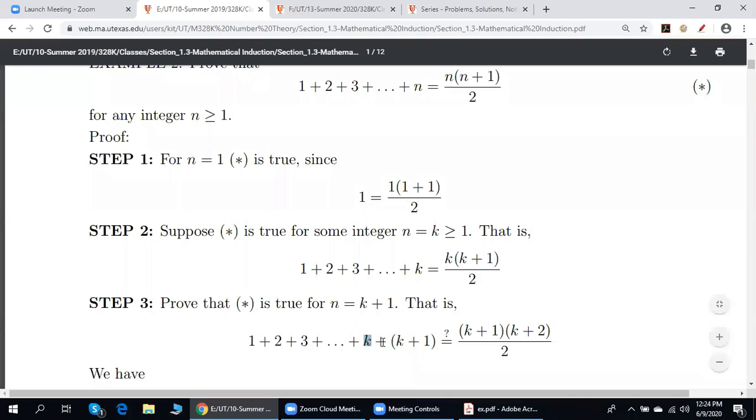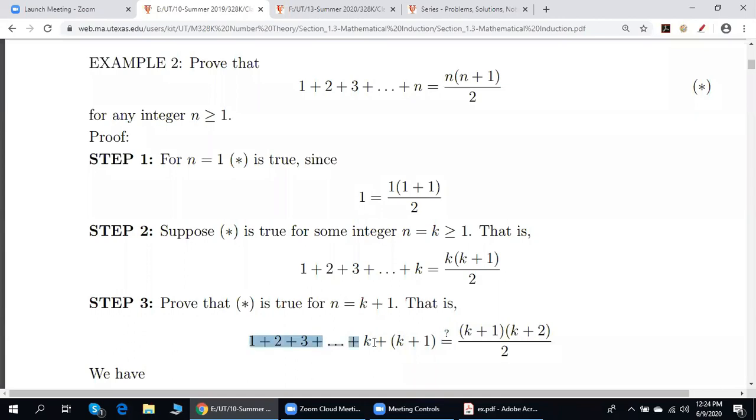Now the previous term is k, because on the left-hand side, we have the sum of all consecutive integers. Last remark, here we put question mark. This is given. We are supposed to prove this.